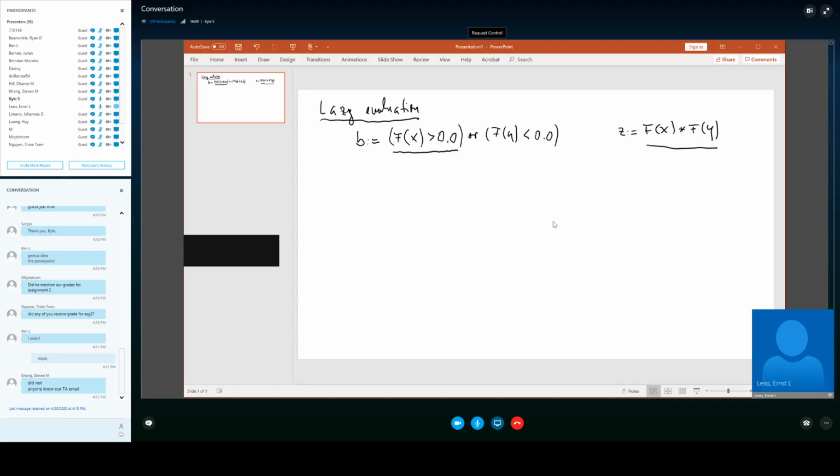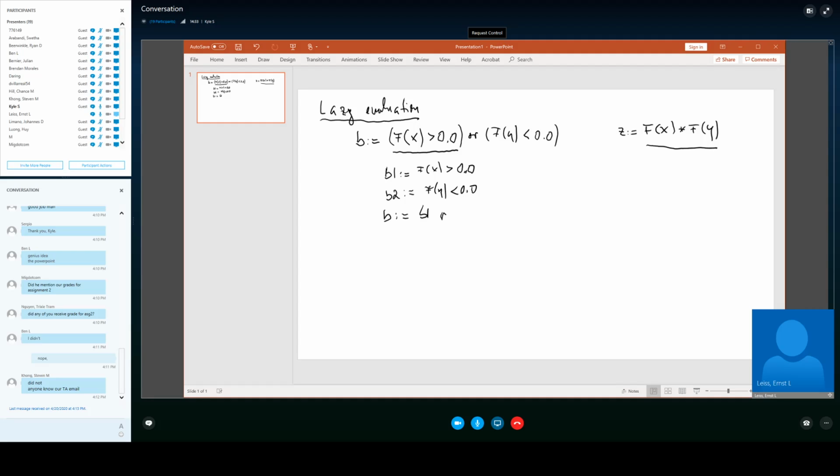Now, if that bothers you, you can, of course, force the compiler to do things the way you want it done. You do b1 is f of x greater than 0, b2 is f of y less than 0, and then b is b1 or b2.